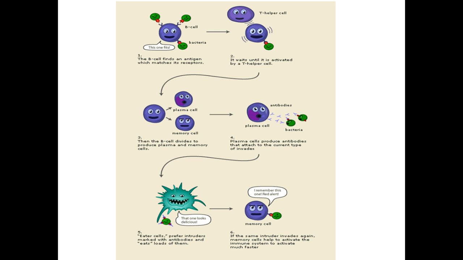A memory B cell, right? But the same process is going to happen again. This guy may need to be activated by a helper T cell or might be able to move right to plasma cell, memory cell, more memory cell production, producing antibodies, opsonization, destruction, right? Get rid of them.